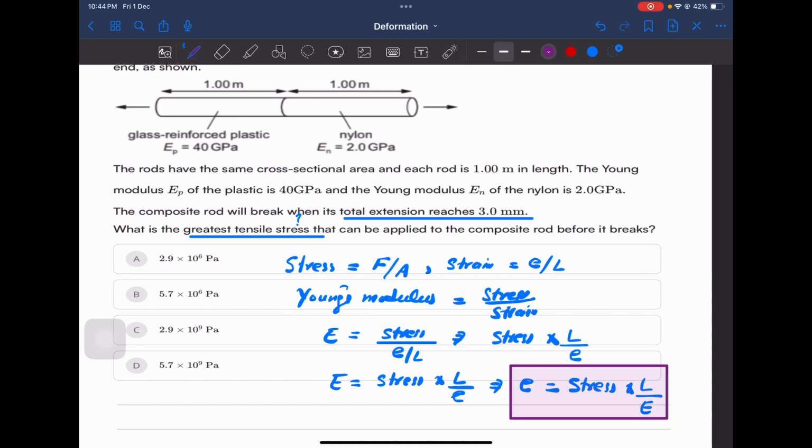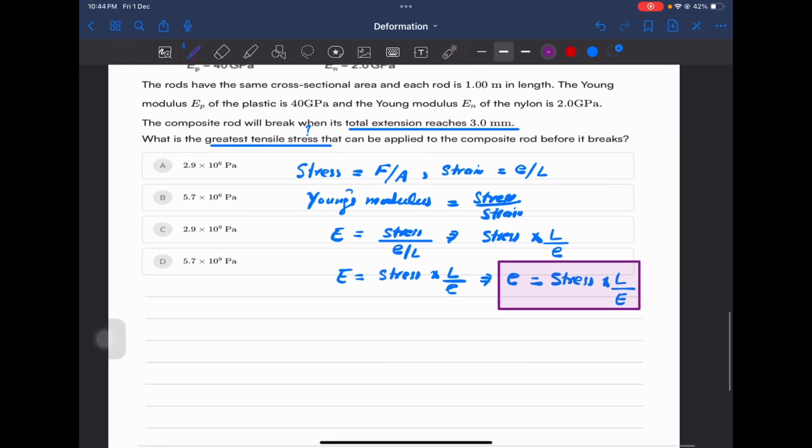Now the question says that the extension in both these rods adds up to 3 millimeters, meaning the total extension is 3 millimeters. So we say extension in the plastic rod plus extension in the nylon rod is equal to 3 millimeters. We just learned the equation for extension: stress into length over Young's modulus. We don't know the stress for now.